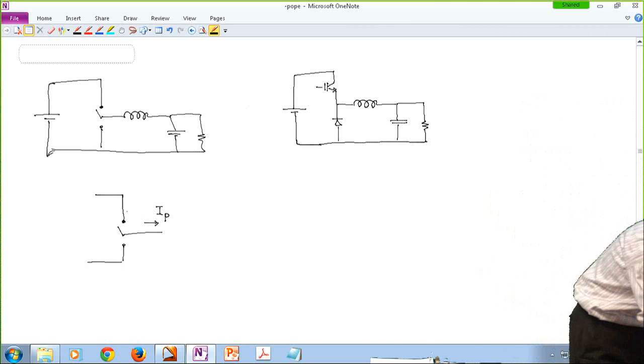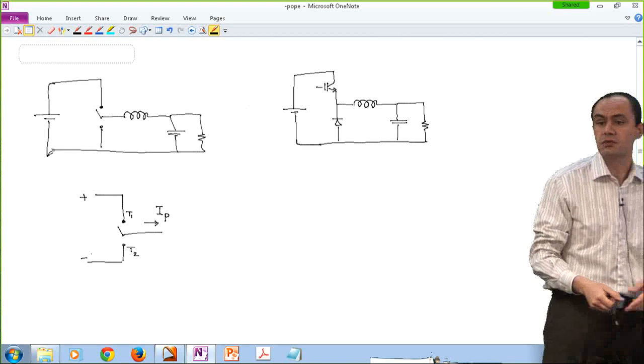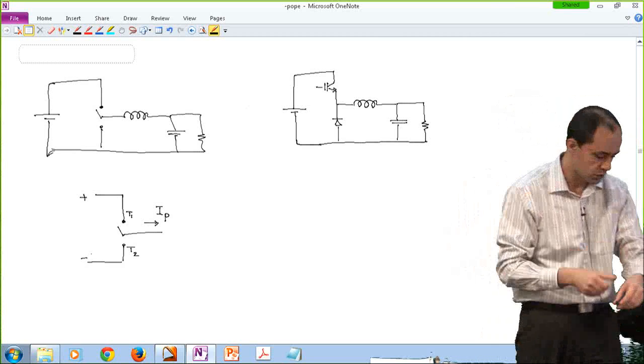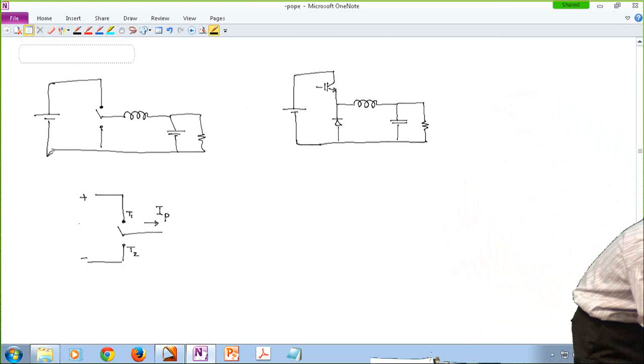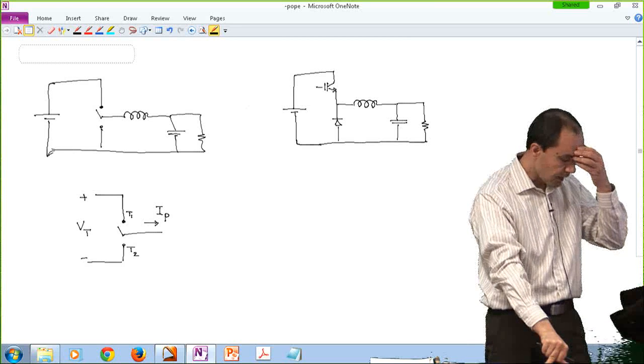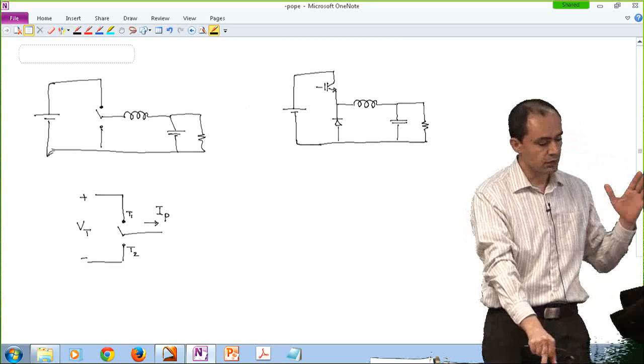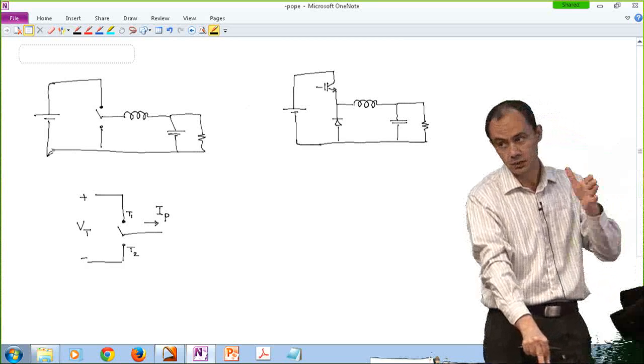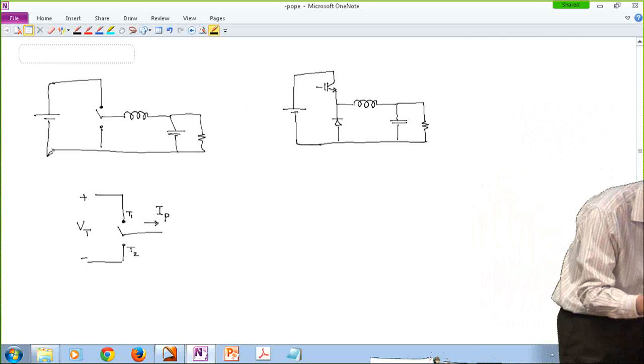Labeling this one throw number 1 and this one throw number 2, I am labeling this voltage, throw number 1 voltage with respect to throw number 2 voltage, to be V throw voltage, basically. And I'm always drawing my throws on the left side and the pole on the right side.